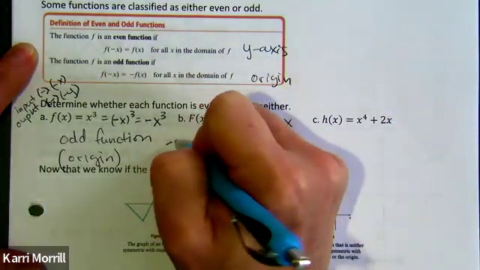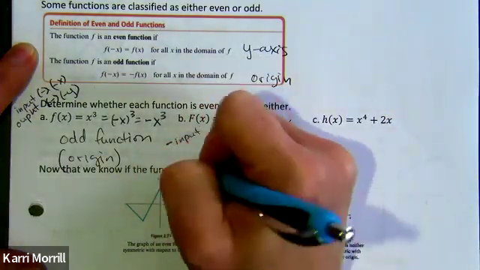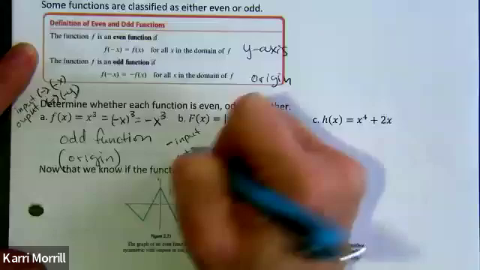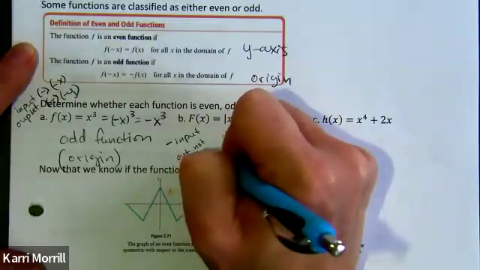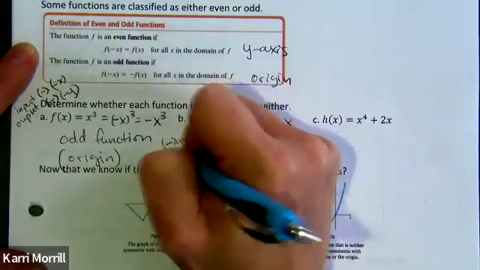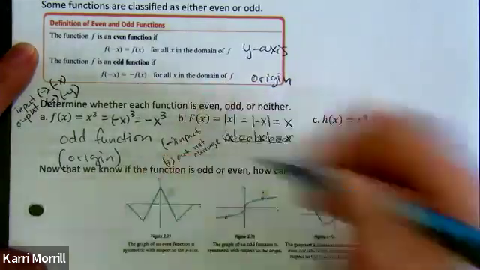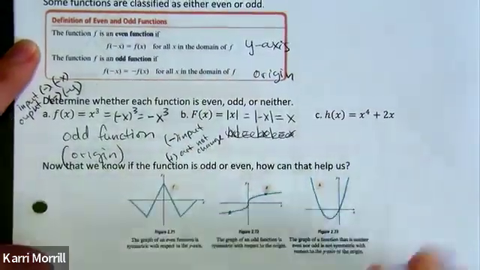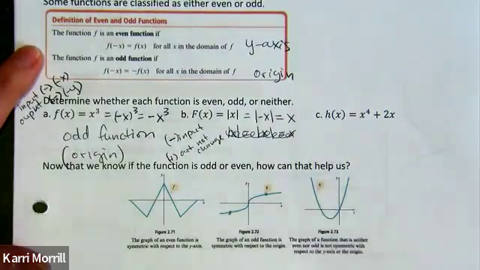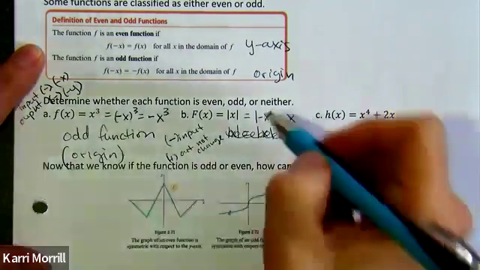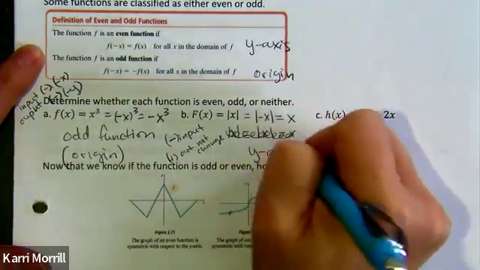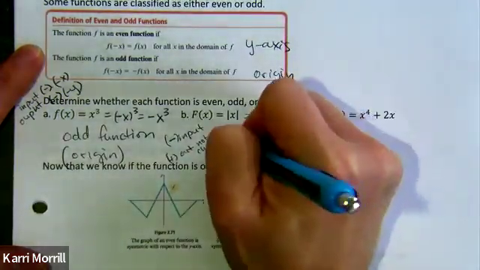So when you change the input, but the output doesn't change, think of change and not change with positives and negatives. Then that means it was in respect to the y-axis, which means it's an even function.